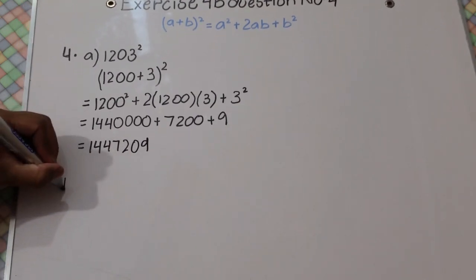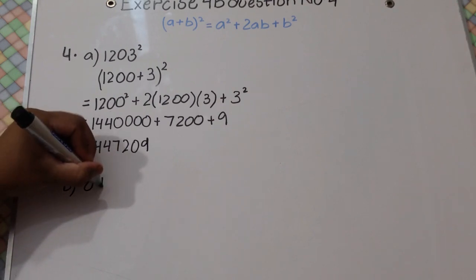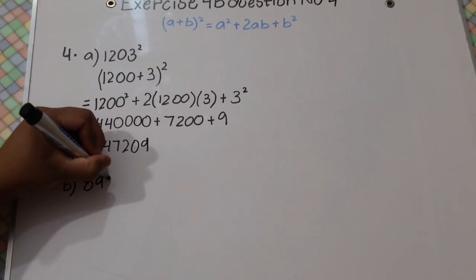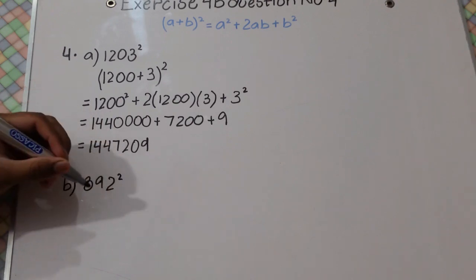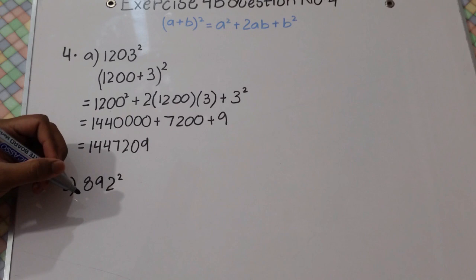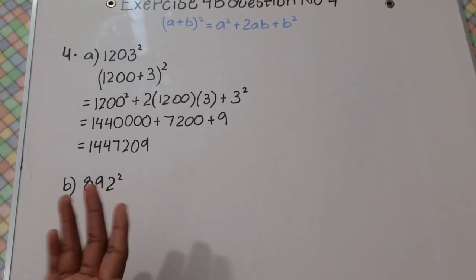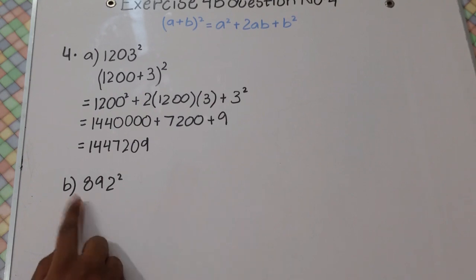Then in part B we are having 892 square. I'm going to simply break it up, putting numbers which make the same value.